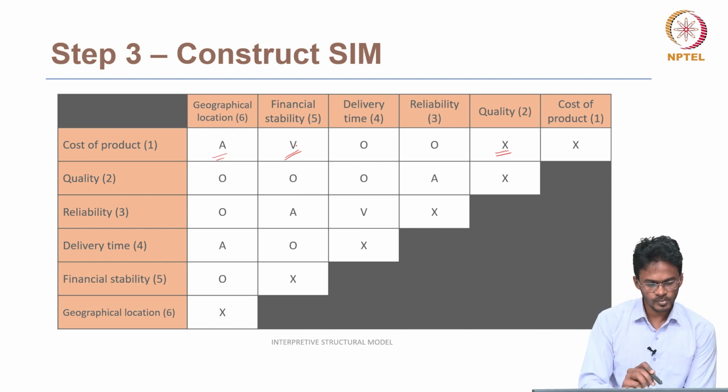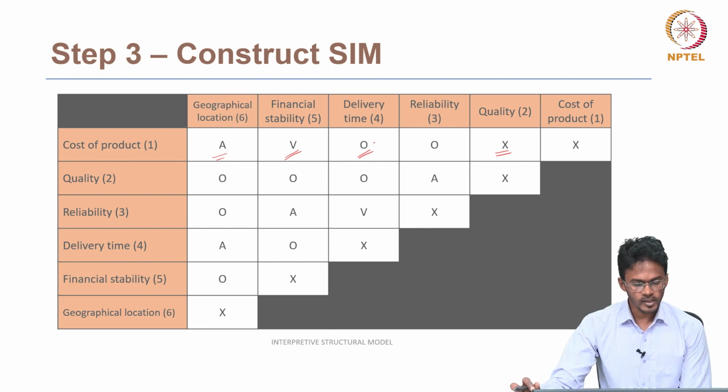Also, the relationship between cost of product and delivery time is O, which means cost of product does not directly influence delivery time, and delivery time also does not influence cost. So both the factors do not influence each other.